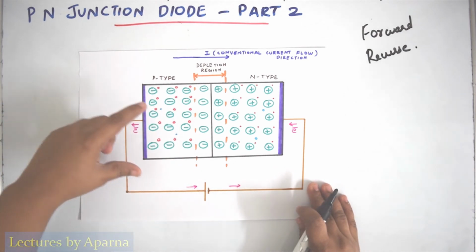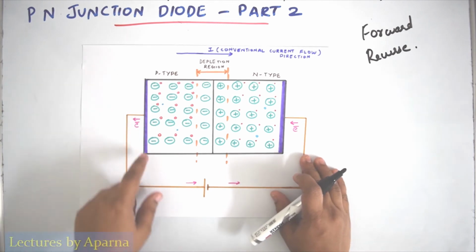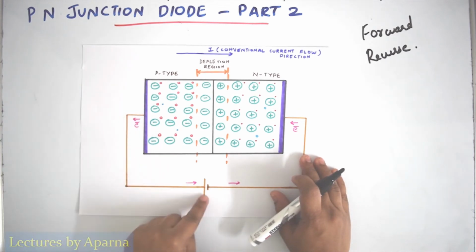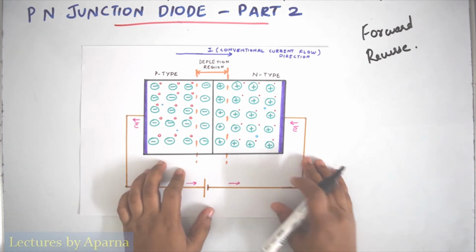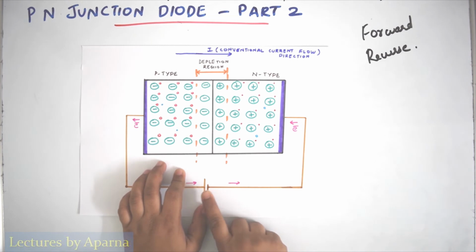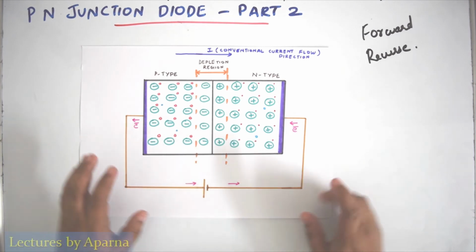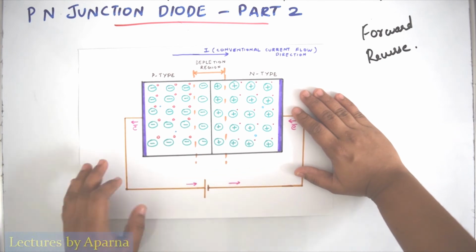When it is forward biased, the voltage is applied from the metallic terminals: to the p-type region the positive terminal of the battery will be connected, and to the n-type region the negative terminal of the battery will be connected, and under this condition the PN junction will be forward biased.